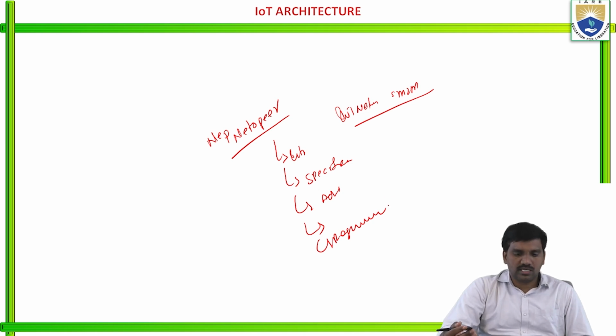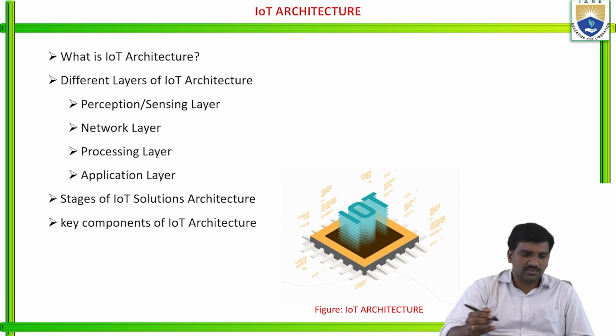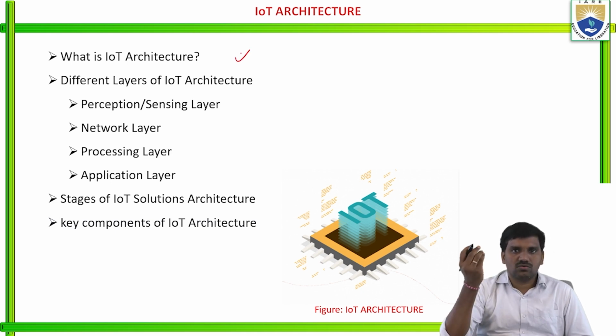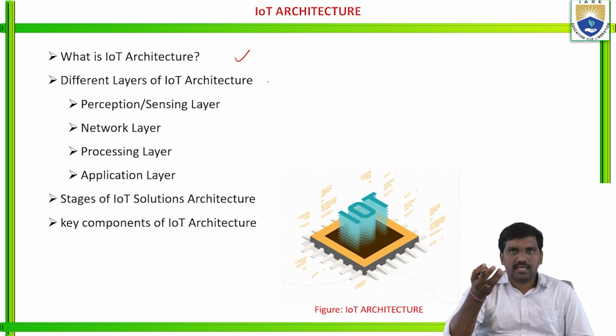So now we move into another topic, that is IoT architecture. Let's start with what IoT architecture is, and what contents and specifications it includes. Along with the different layers, we have the perception or sensing layer, application layer, network layer, and processing layer.